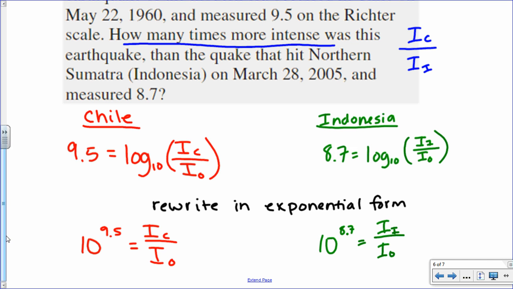Remember, I want this and this. So I'm going to just multiply by I sub 0, the reference intensity.